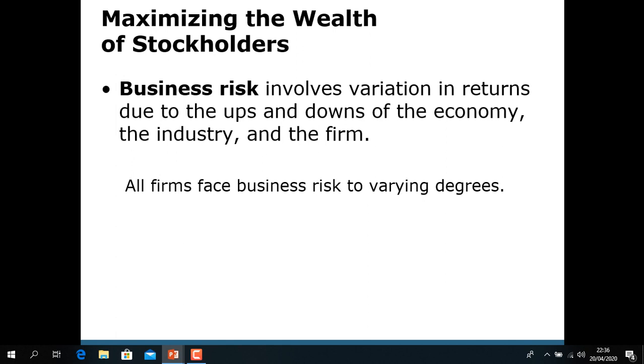And then third, shareholder wealth maximization is an impersonal objective. Stockholders who object to a firm's policy are free to sell their shares under more favorable terms than are available under any other strategy and invest their funds elsewhere.